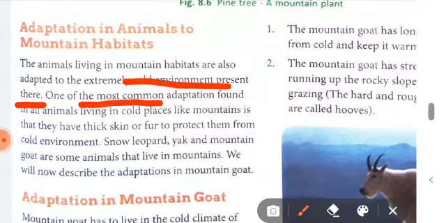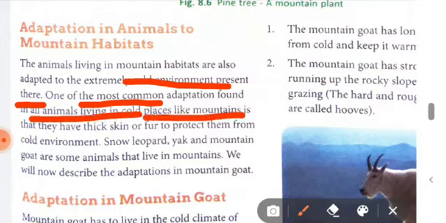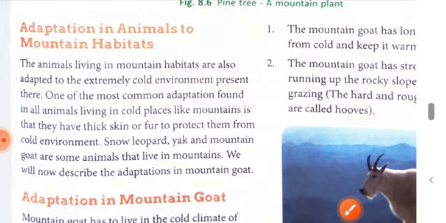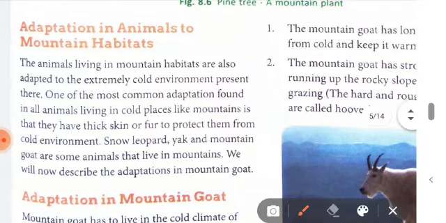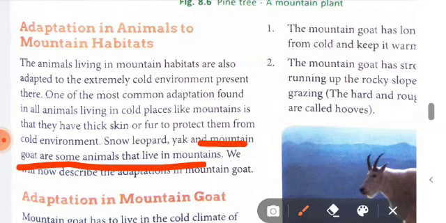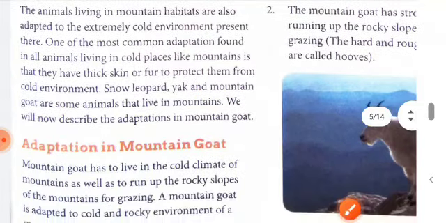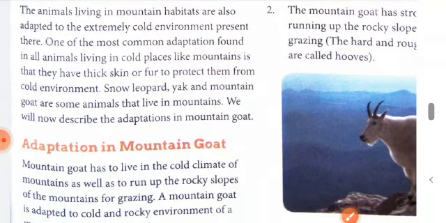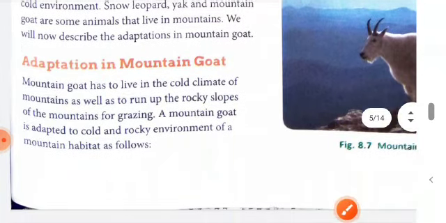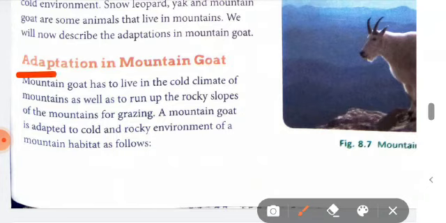One of the most common adaptations found in animals living in cold places like mountains is that they have thick skin or fur to protect them from the cold environment. Snow leopard, yak, and mountain goats are some animals that live in mountains, and we will now describe the adaptation in mountain goats.